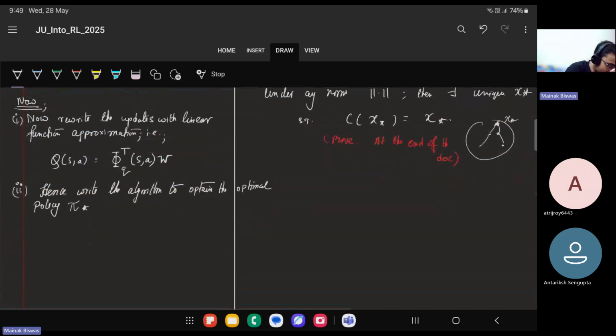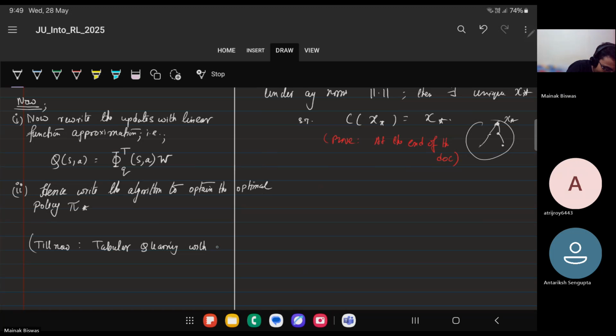So again, till now, what did we do? Till now, we did tabular Q-learning with or without model. Yes or no? So now I tell you that the Q value function is over states and actions that could be uncountable.